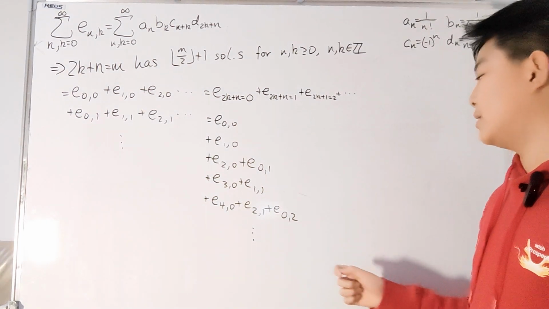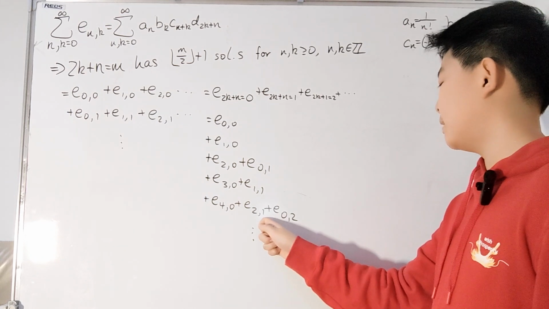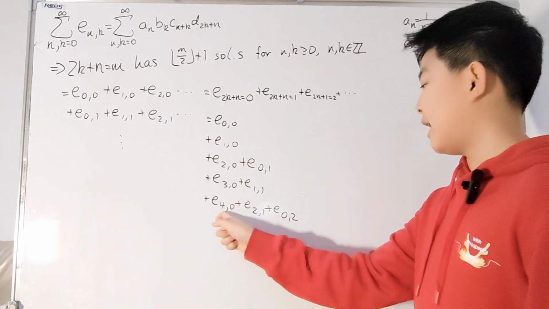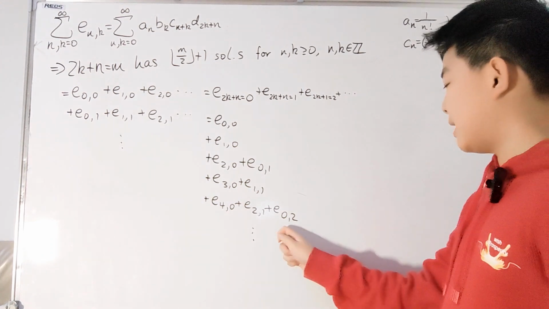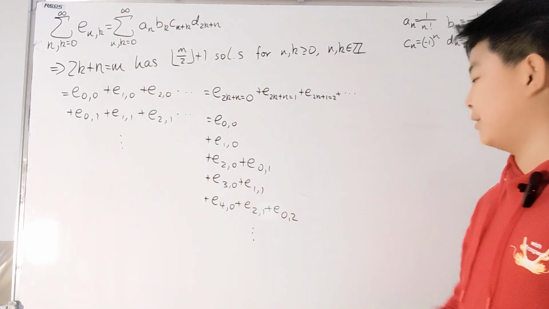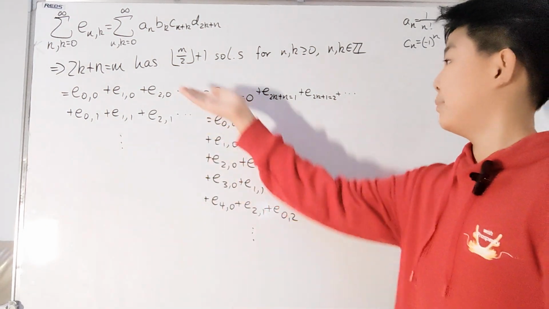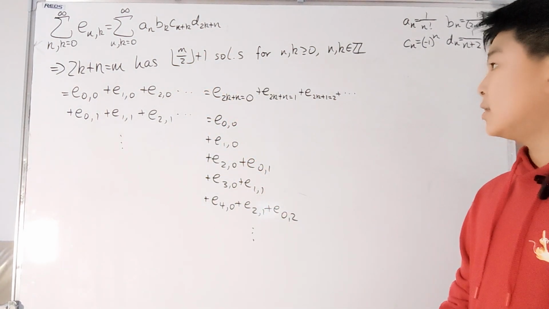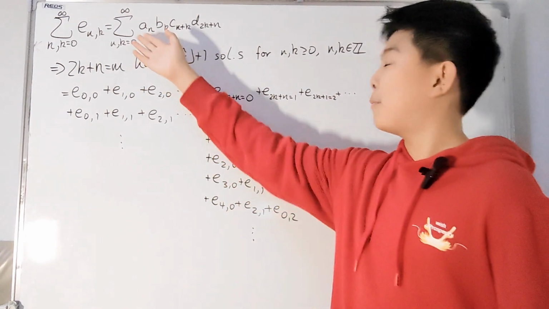So basically what I mean is, here k is increasing by 1, and here n is decreasing by 2, and clearly this ends as n is either 1 or 0, and this row has this many terms in it.